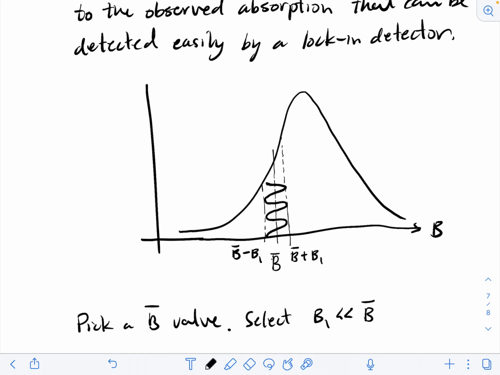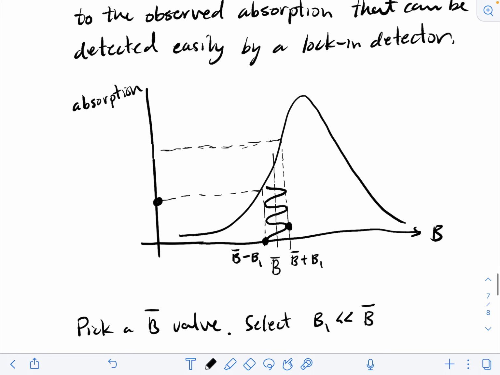And so the range of values on the absorption is determined by the range of values of the magnetic field. In this case, when we have a small value of the magnetic field, B average minus B1, we end up with a small value of the absorption. And then when we have a large value of the magnetic field, B average plus B1, we have a large value of the absorption. Whoops, sorry, that occurs at a slightly different time, so let me say like so.